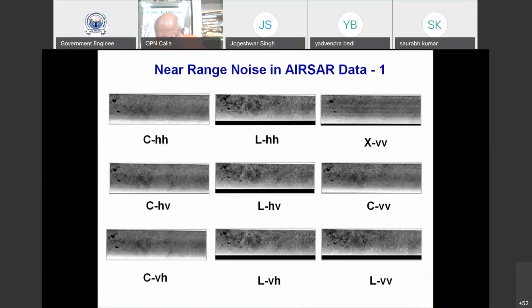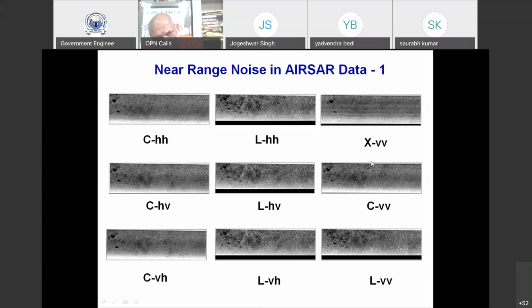Then here you see, this is very interesting. You see the noise in ASR depends upon the polarization and the frequency range. This is for the C band, HH, HV, and VH. Here it is for L band, HH, HV, and VH.